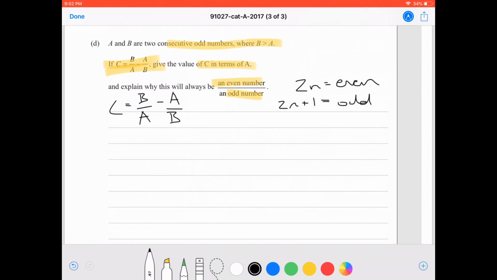And because we're working with consecutive odd numbers, the next odd number is going to be 2n plus 3. Okay, that's also odd. Now, what do we do with that information, I wonder?